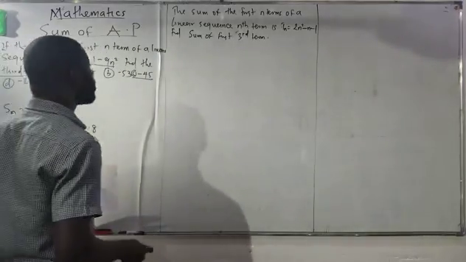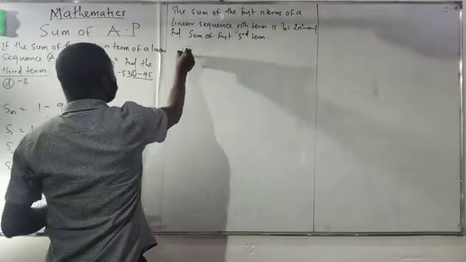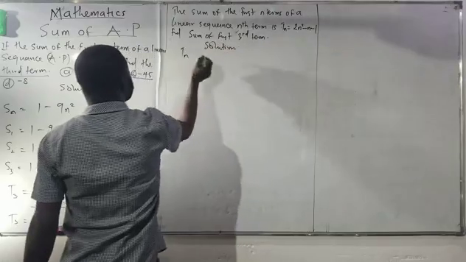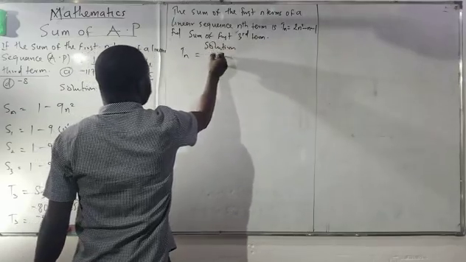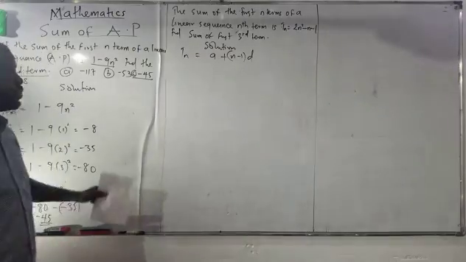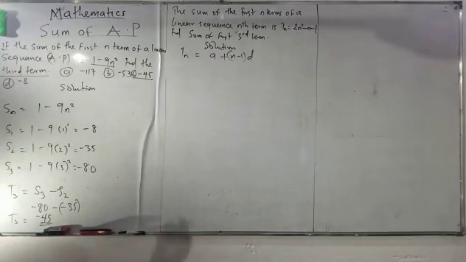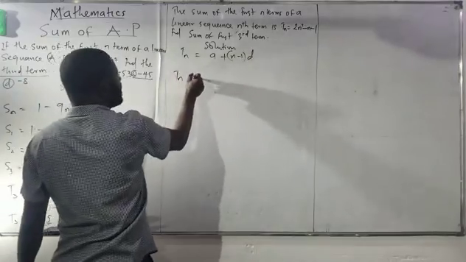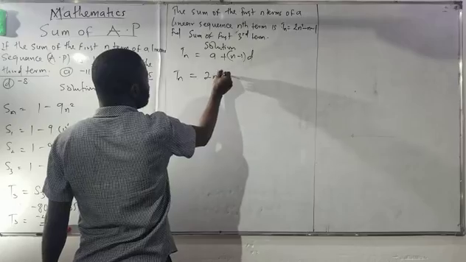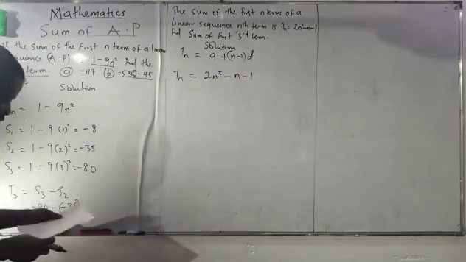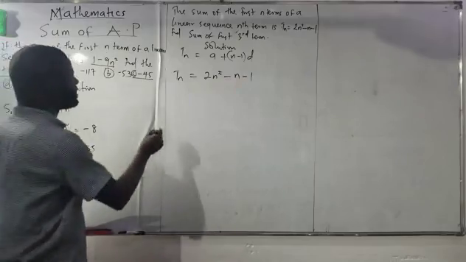Now, if I work on this, T of n is equal to a plus n minus 1 d. Generally, this is what we know. But in this one, there is a declaration of formula, T of n equals 2 bracket of n squared minus n minus 1.